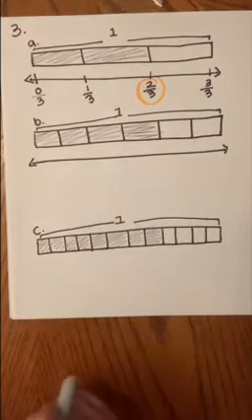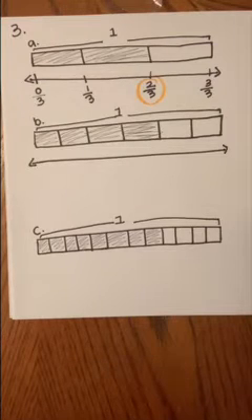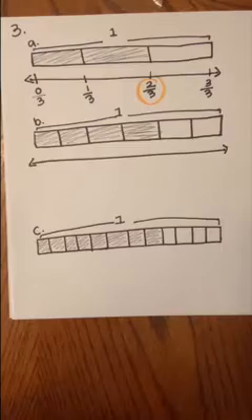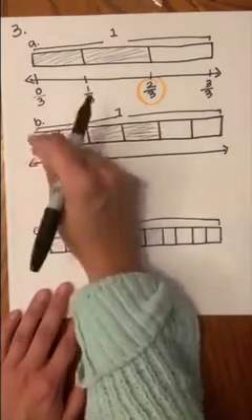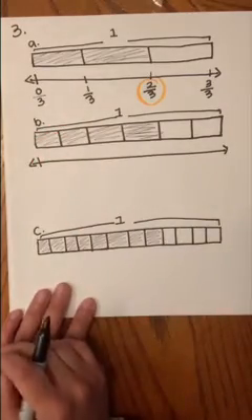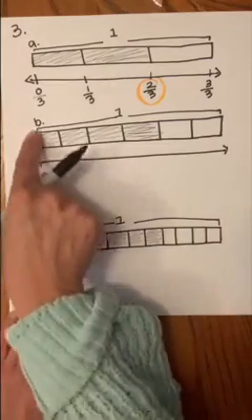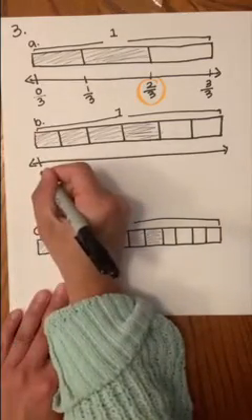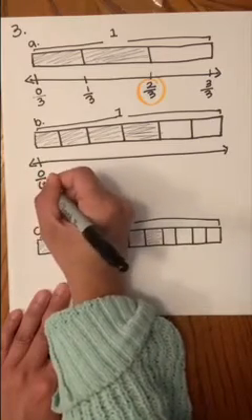I have 6. Okay. No problem. I see. So I know that my whole is 6. So I'm going to go ahead and start labeling my number line. Well, I know that I'm going to line up my number line with the edge of the tape diagram, and I know I'm going to always start with 0 over 6, right?